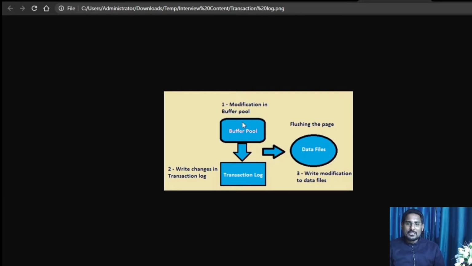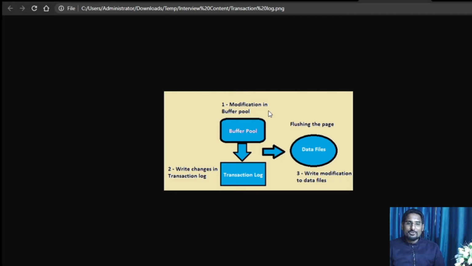As soon as the transaction gets started, it starts generating some log, and that log first gets created in the buffer pool. Now, what is a buffer pool? The buffer pool is a space inside memory in which the transactions take place, because it is the fastest storage a computer has, to make sure that transactions can get processed faster.